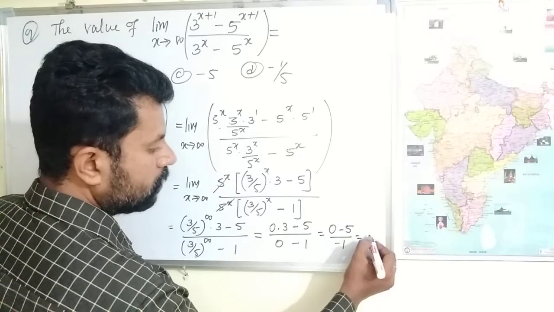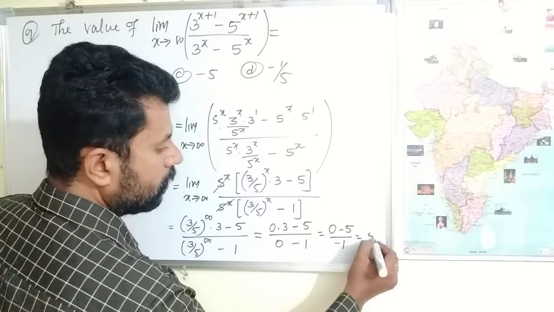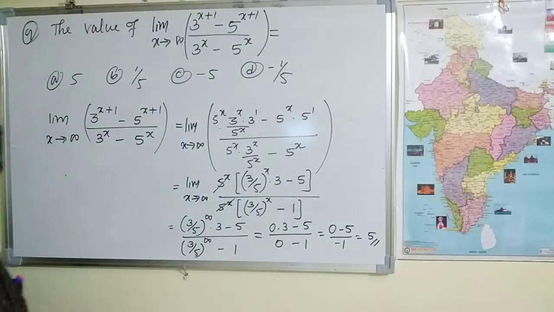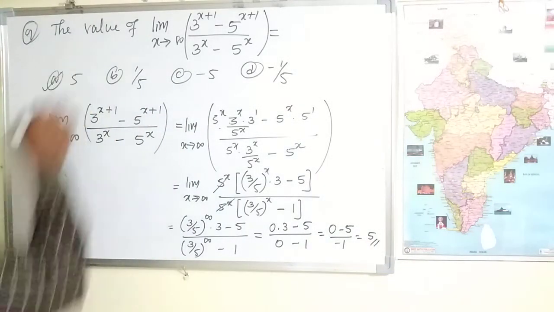The minus signs get cancelled. Here we get 5. So option A is correct.